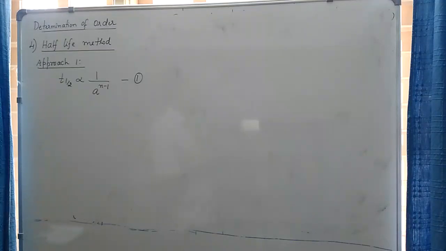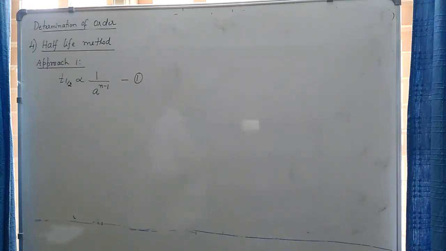For example, for a first order reaction, half-life is independent of the reactant concentration. For a zeroth order reaction, half-life is directly proportional to the concentration of the reactant. Similarly, for a second order reaction, half-life is inversely proportional to the reactant concentration.